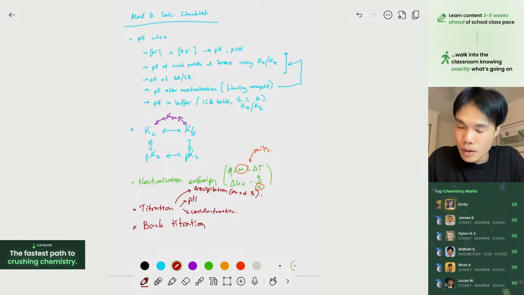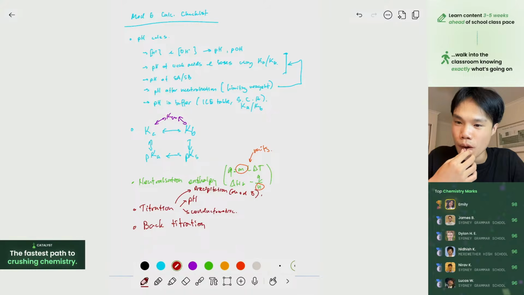Going back to some questions in the chat: could you quickly explain why all neutralization reactions go forward, and between NH3? I'm not sure I quite understand your question, Joel.